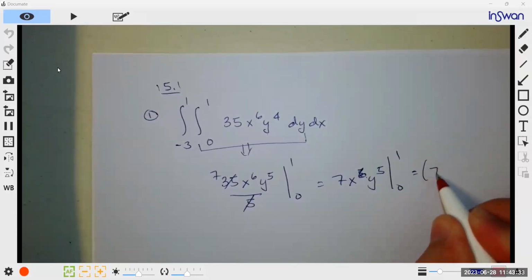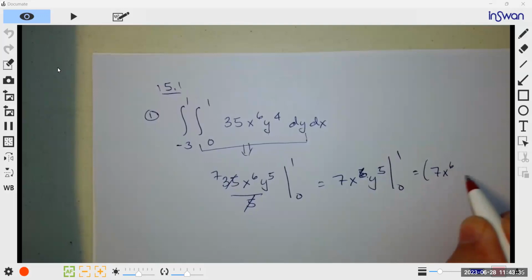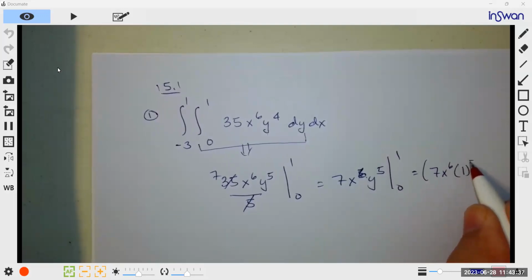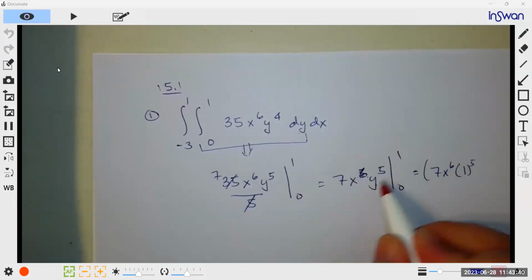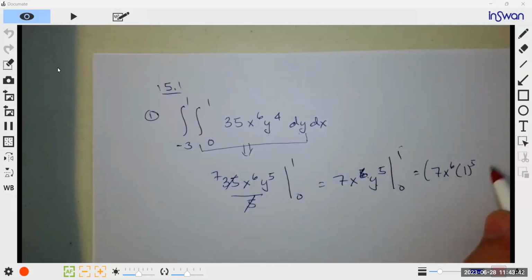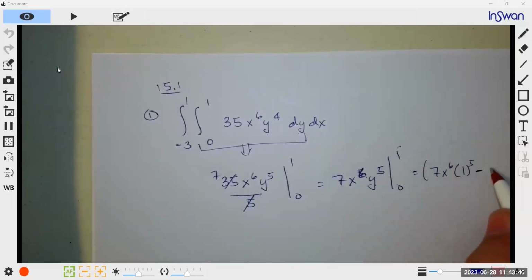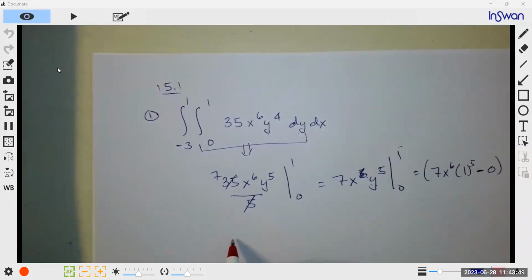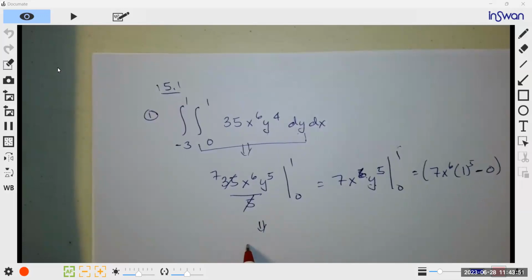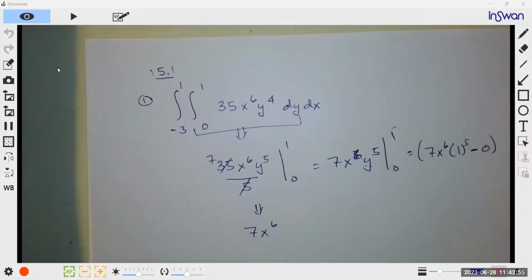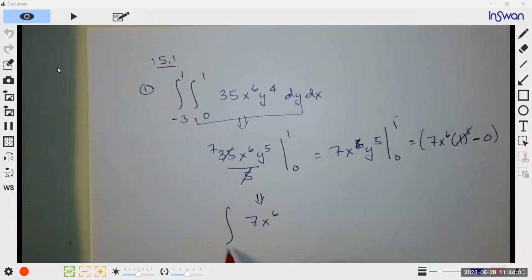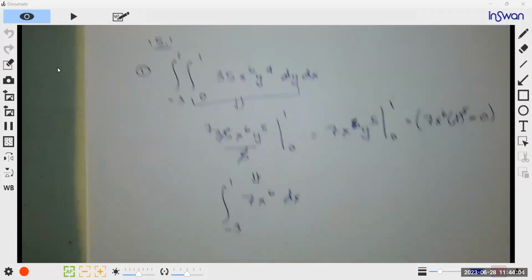So it's 7x to the 6th, 1 to the 5th, because we're doing with respect to y. So these are the y values. Minus times 0 is 0. So we get 7x to the 6th times 1.